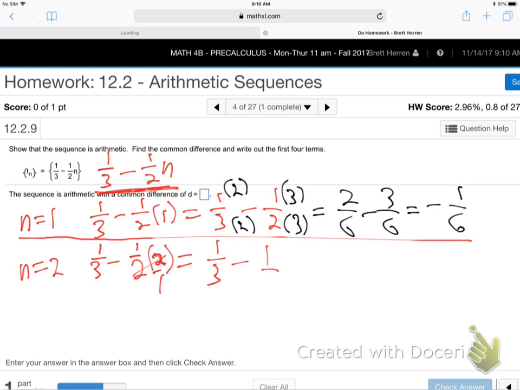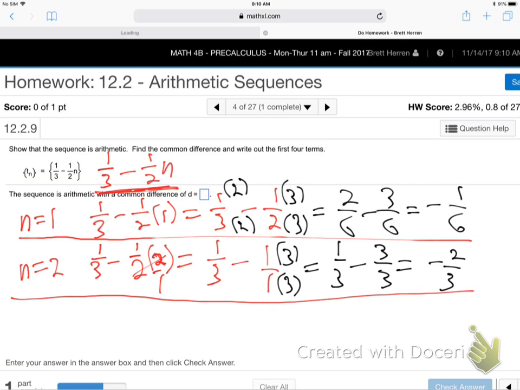So make this 1 become 1 over 1, and multiply top and bottom by 3. And so we get 1/3 minus 3/3. So minus 2/3. Everybody good so far?